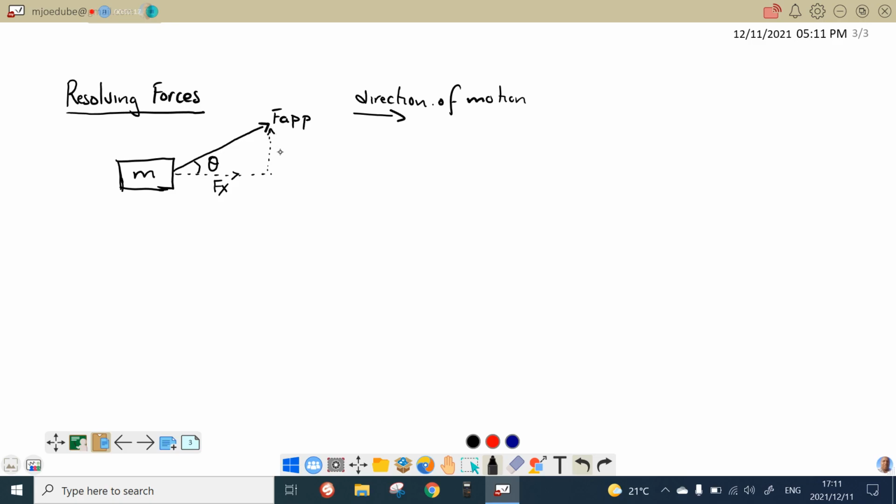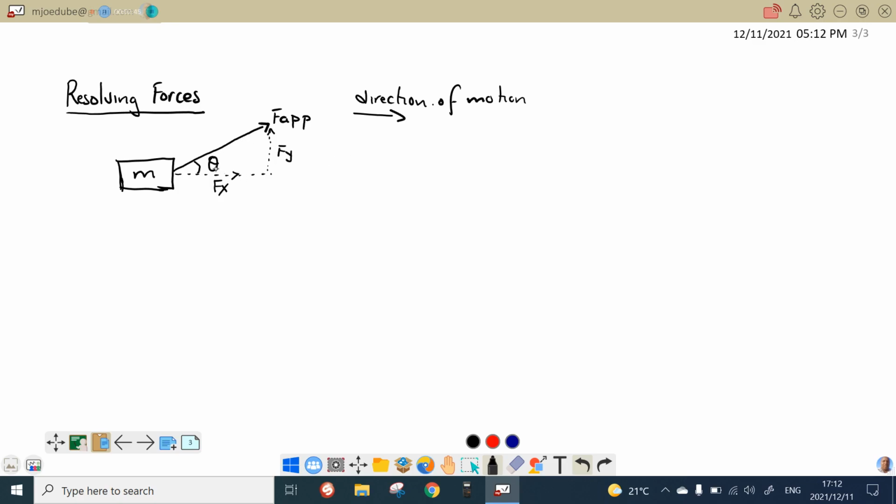This component is what we refer to as the Fy component of that applied force. So if you are going to calculate the Fnet of the object that causes it to accelerate along the horizontal, we need to be able to determine that horizontal component, that Fx.